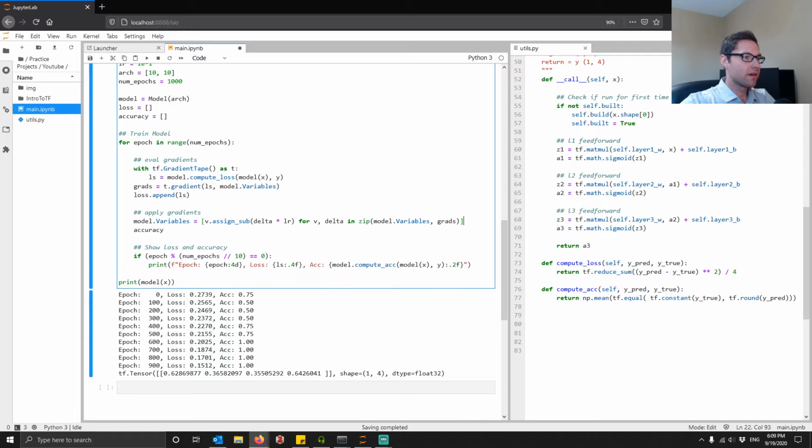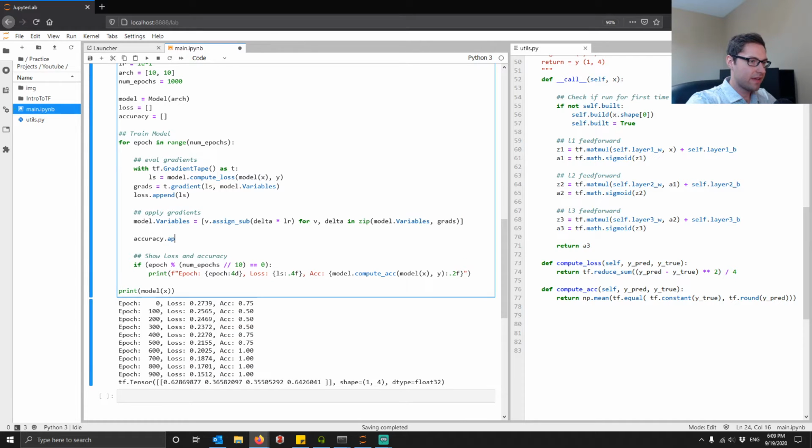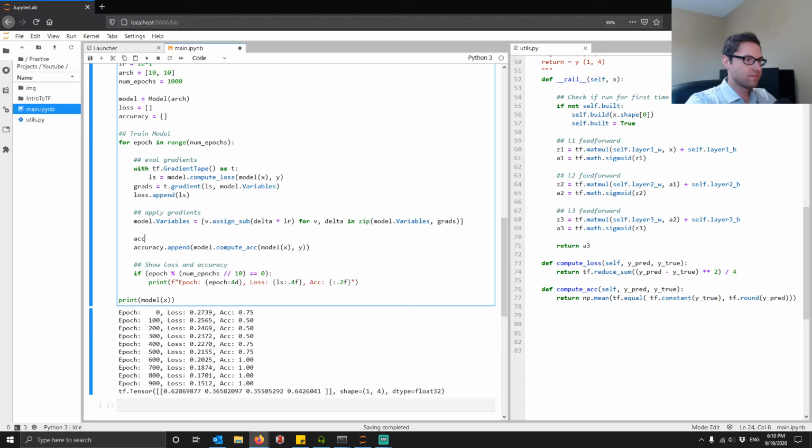So we can do the same thing where we take the accuracy and append the accuracy here, just so we don't run it twice, okay? So we're going to compute the accuracy, store it as accuracy, append accuracy here, and print it so that we can see it as the model continues on. Of course, you could just take this and put it down there, but I just didn't want to compute it twice, okay? So let's do the same thing.